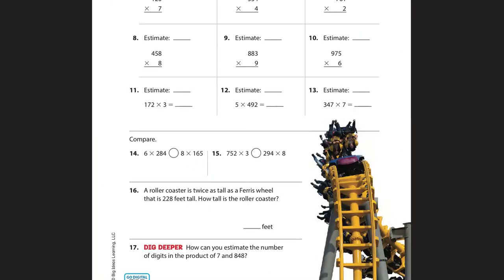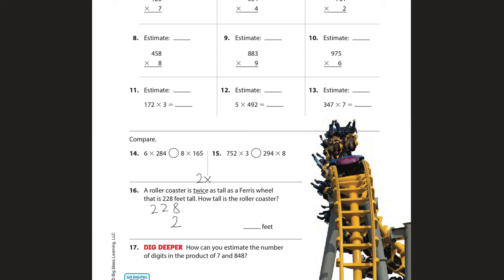Number 16 reads, a roller coaster is twice as tall as a Ferris wheel that is 228 feet tall. How tall is the roller coaster? A roller coaster is twice as tall. That's 2 times as tall as a Ferris wheel, which is 228 feet tall.